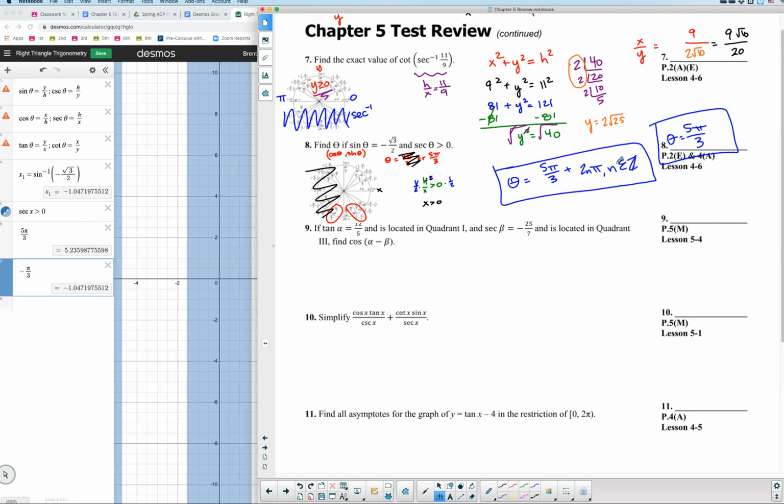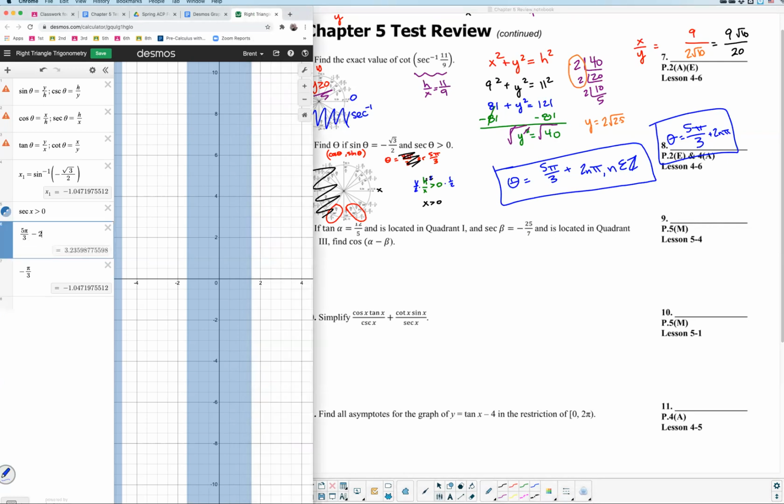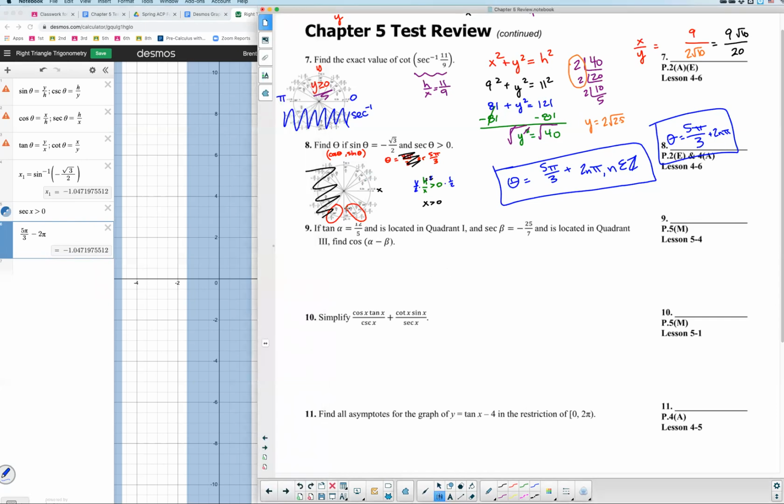I probably should leave it that way. And so what the calculator gave me was this value minus 2 pi, where n was like 1, that's what the calculator gave me. But I'll leave the answer as the unit circle value there. I know that's hard to see what I did right there, but you know what I could try?